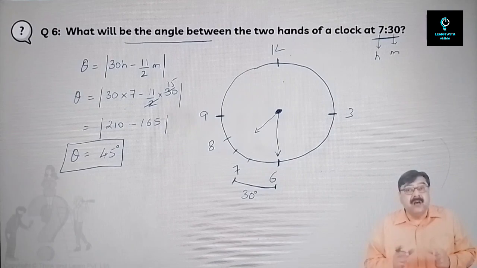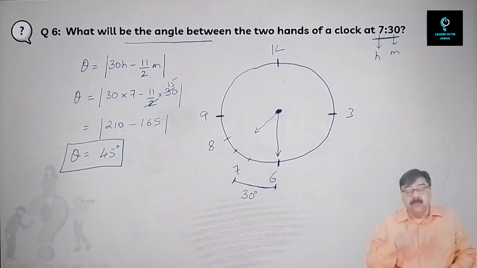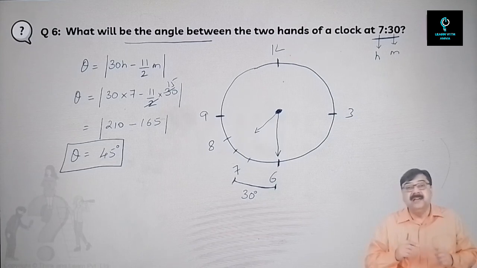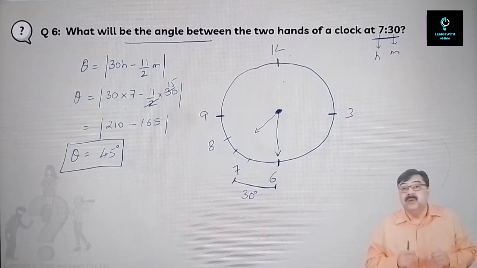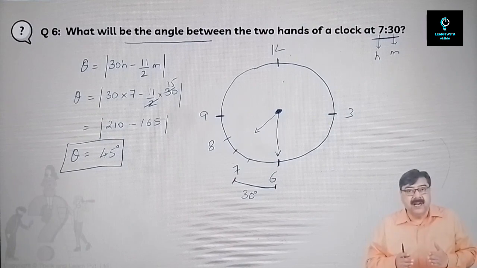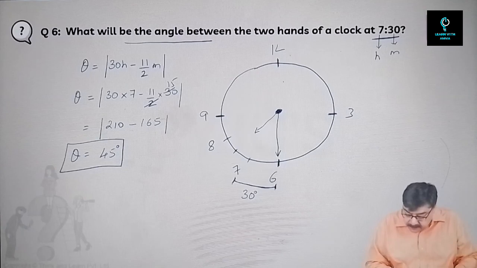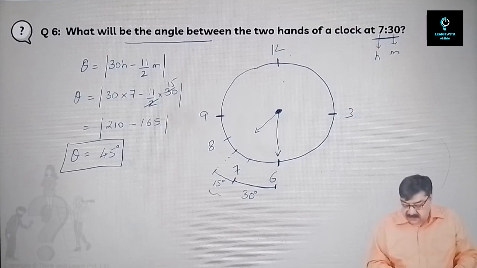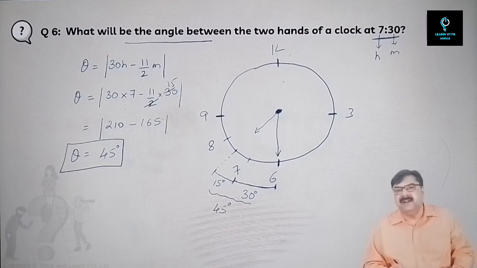So the hour hand, which has to move from 1 hour division to the next hour division, does so in 60 minutes. So in 30 minutes, the hour hand should be midway between 7 and 8. So hence, midway between 7 and 8 will give us a 15 degrees angle. So from this, you can find out that the angle between the two hands is 45 degrees.